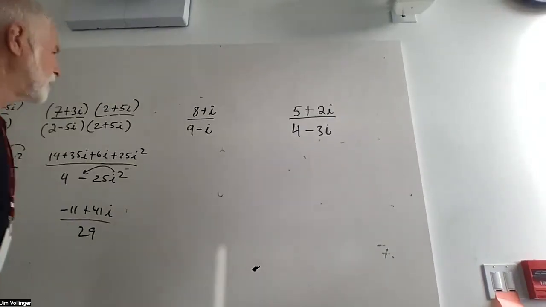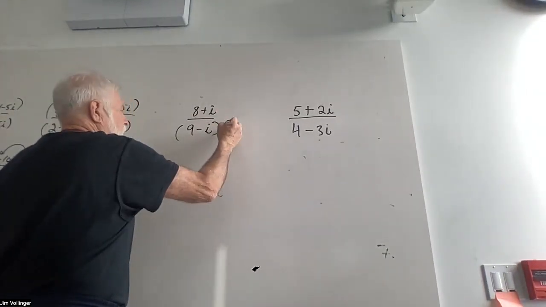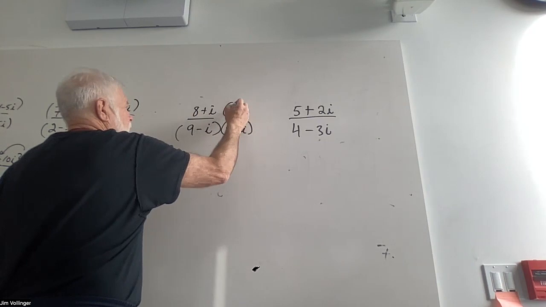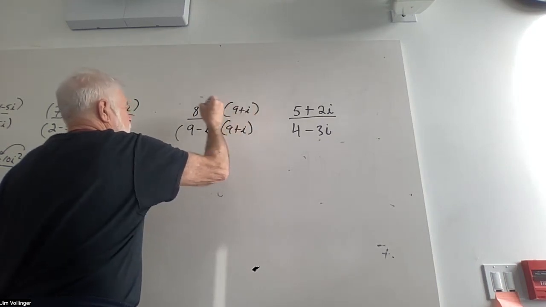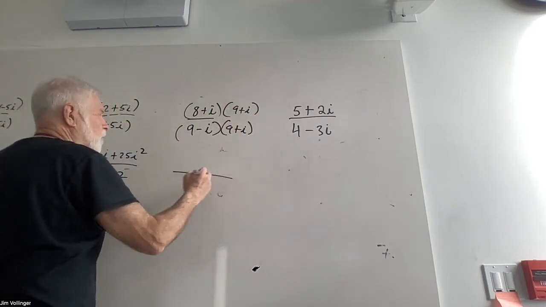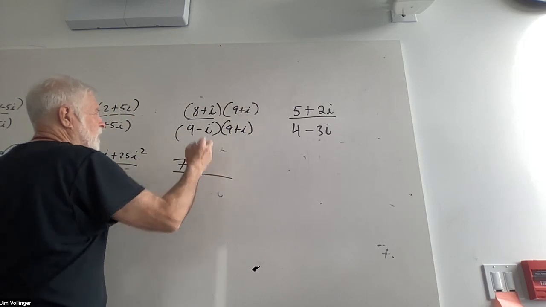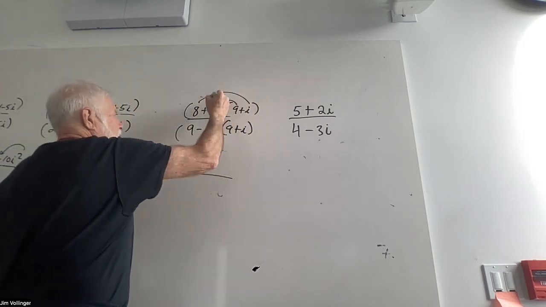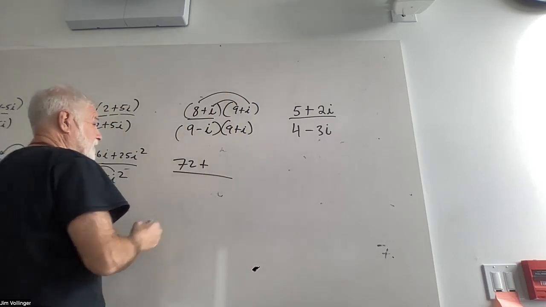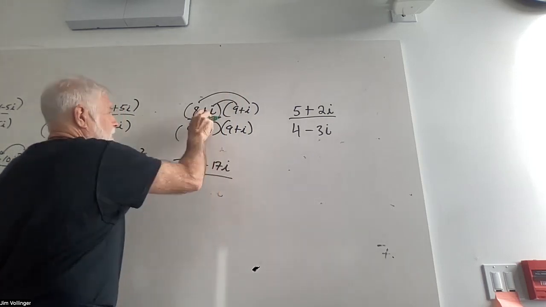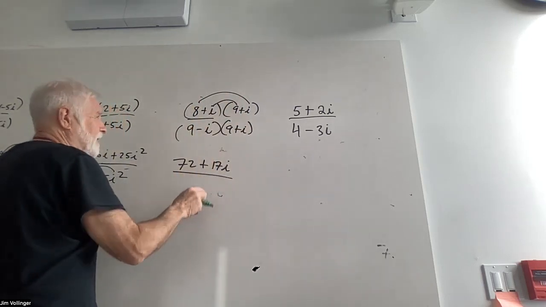Another one. 9 minus i. Multiply by 9 plus i. 9 plus i. Parentheses. Numerator. 72 plus 8i and 9i. Can I start saying just 17i? 8 and 9, 17.